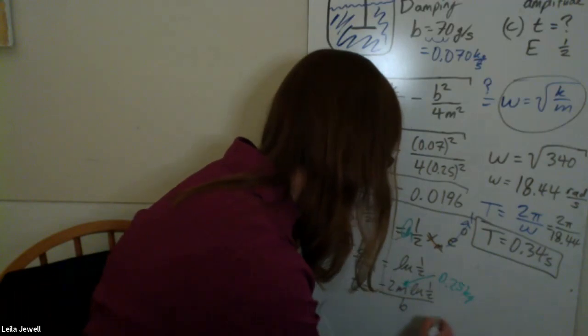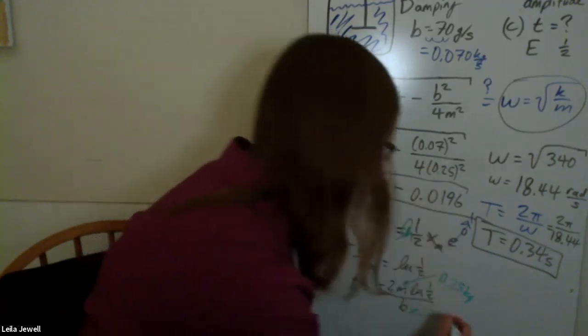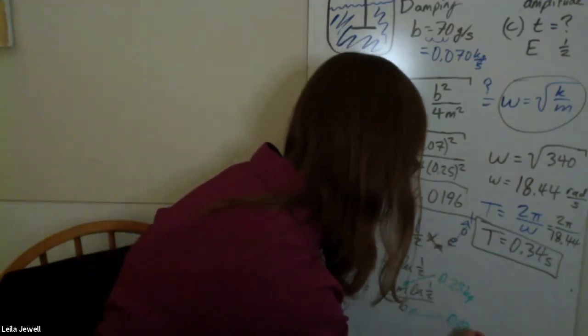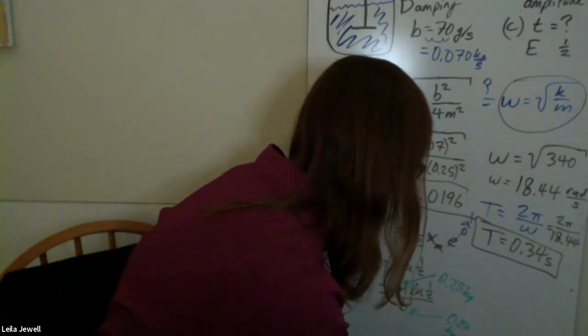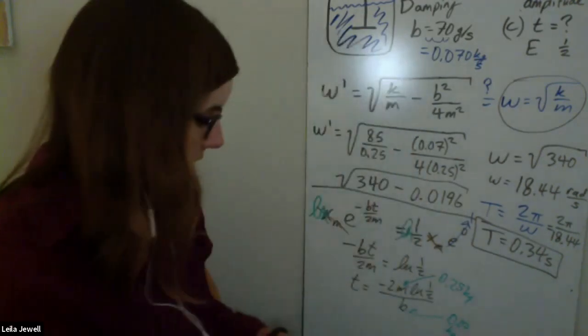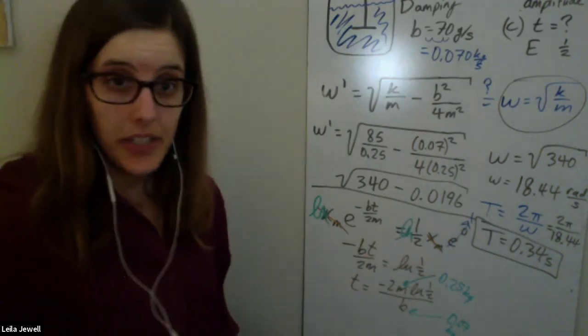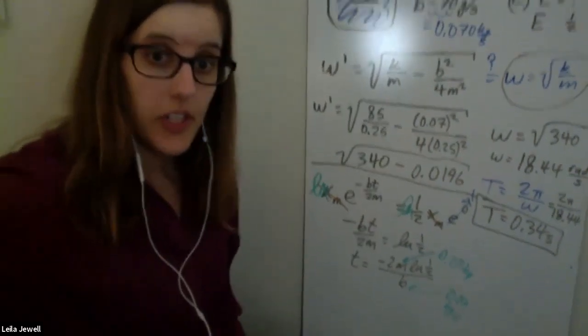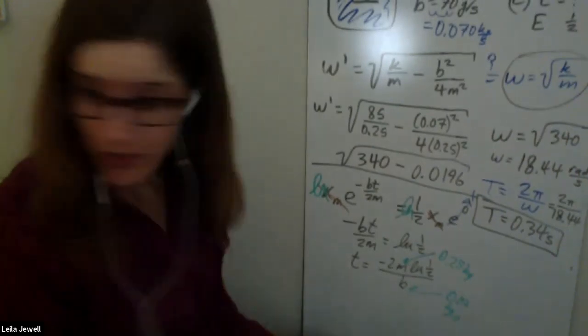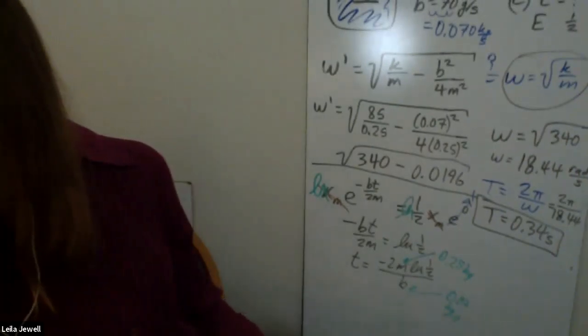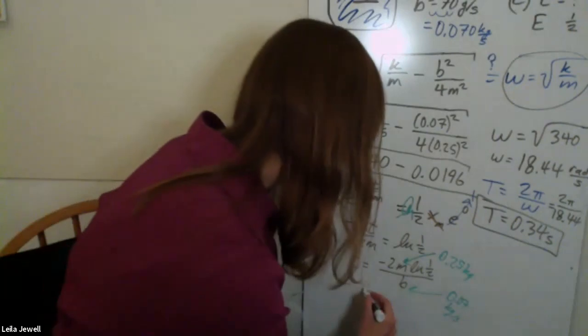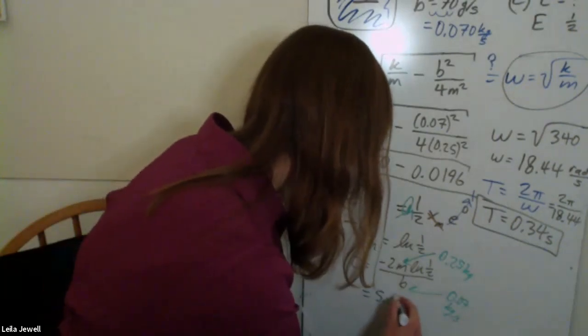kilograms, and our b of 0.07 kilograms per second, what we'd find is that the kilograms are going to cancel out, and the inverse seconds in the denominator will become seconds. And so if you calculate that out, you should get 5.0 seconds.